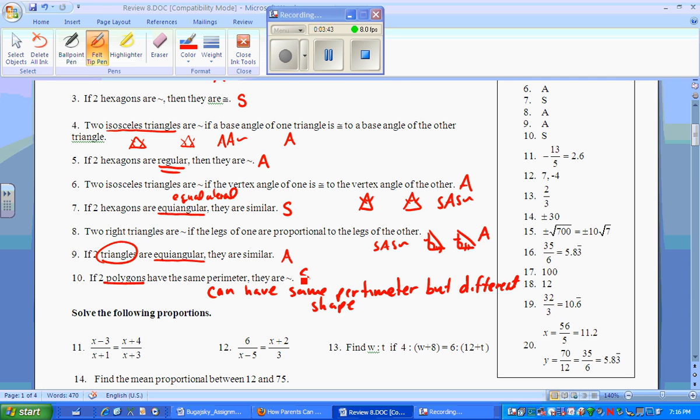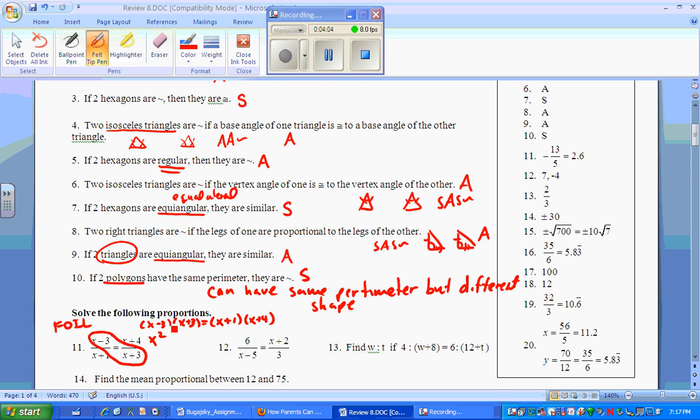Number 11, it's a proportion, so you cross multiply. When you do that, you get x minus 3 times x plus 3 equaling x plus 1 times x plus 4. Since you cross multiply, you have to FOIL.